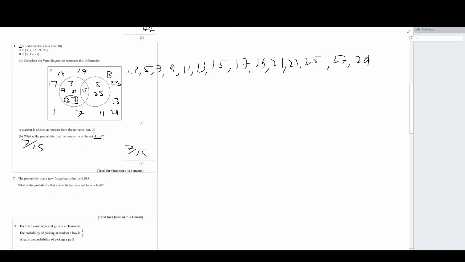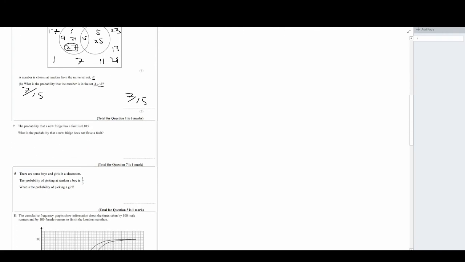And we can jump straight into this one. The probability that a new fridge has a fault is 0.015. What is the probability that a fridge does not have a fault? So another way of writing this is the complement of fault, or not fault, which would be 1 minus 0.015, which gives us 0.985.